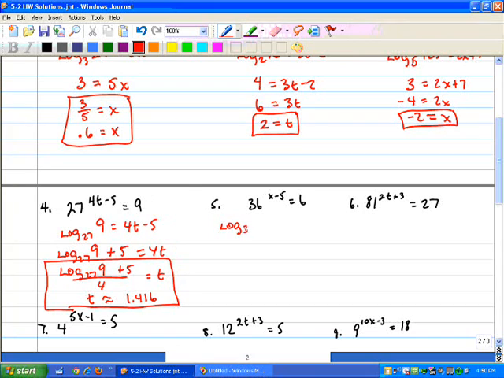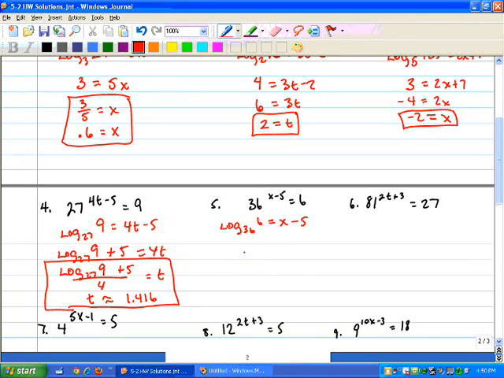Number 5, similarly, convert to logarithmic form. We get log base 36 of 6 equals x minus 5. Log base 36 of 6 is the exponent you raise 36 to get 6. So 36 to what power equals 6? Because the square root of 36 is 6, and the square root is the same as the 1/2 power, 36 to the 1/2 power is equal to 6.